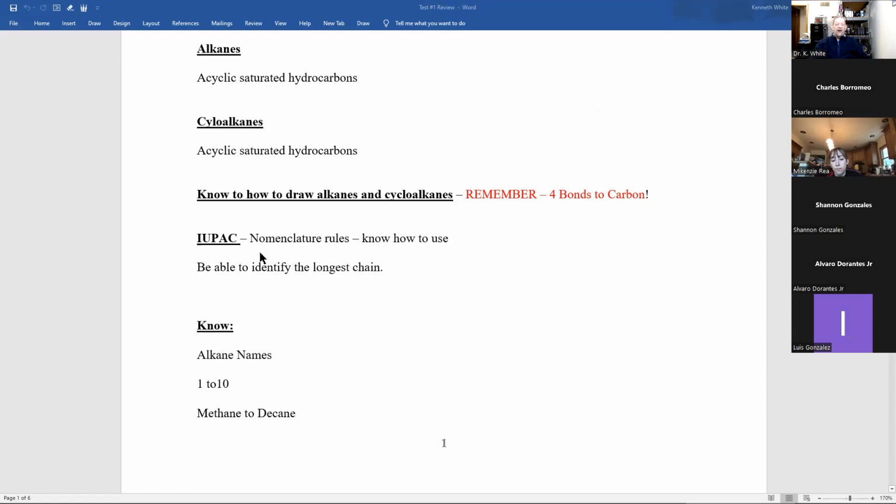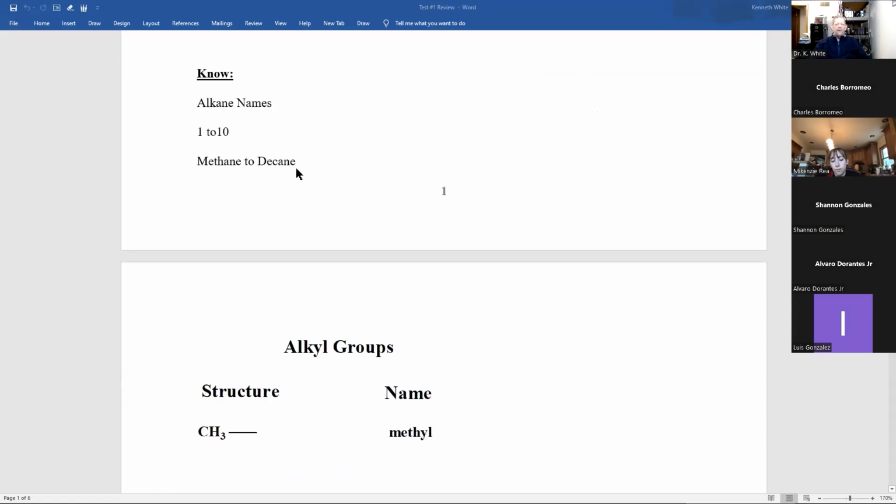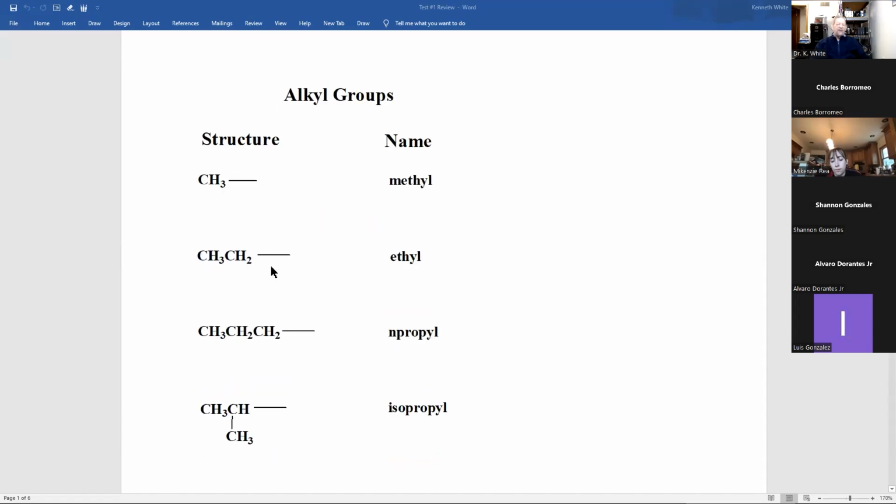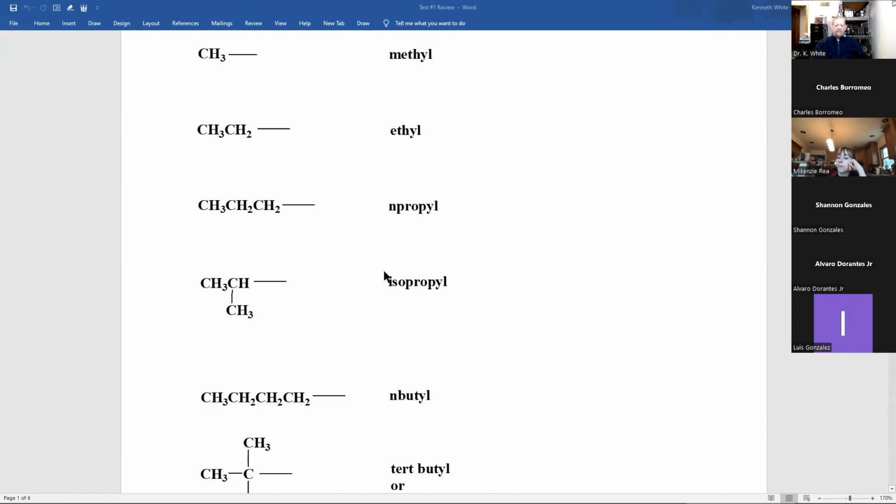All right, I talked about IUPAC nomenclature rules, and remember the alkanes are 1 through 10: methane, ethane, and so on, to decane, 10 carbons. I talked about the alkyl groups. When there's CH3 on a ring or a long chain, it's a methyl group. 2 carbons, ethyl. 3 carbons, with the end of the chain attached to a ring or a long chain, propyl.